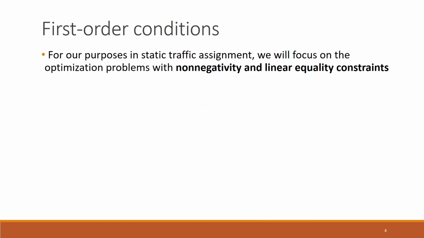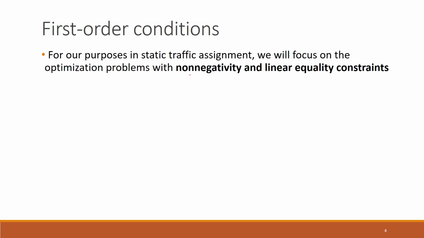Okay. Now, the first order conditions or the KKT conditions that we have seen until now were for the general optimization problem, where we are minimizing a function z subject to constraints gj(x) greater than or equal to bj for all constraints j. Okay. But the type of optimization problems that we will be focusing on in static traffic assignment here will be of this form.